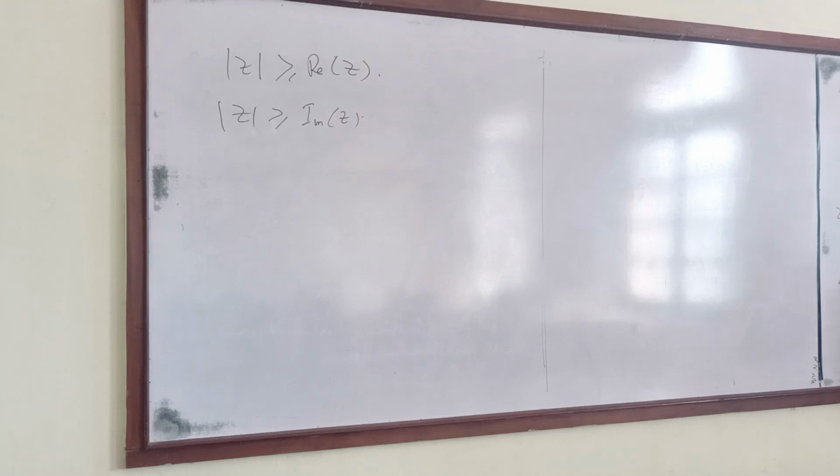Y is the imaginary part, and x is the real part. The imaginary part is a number, not a variable, multiplied by the square root of minus 1.